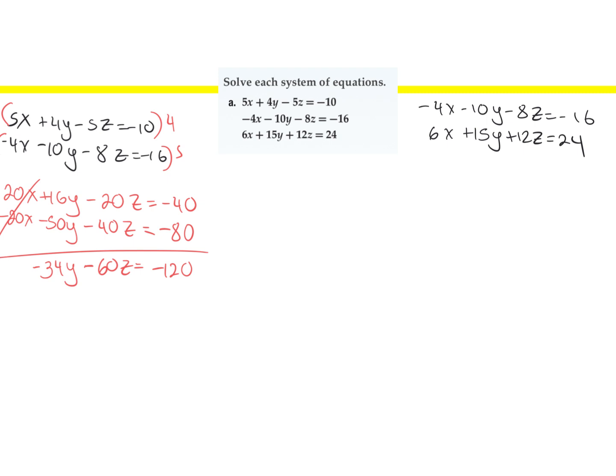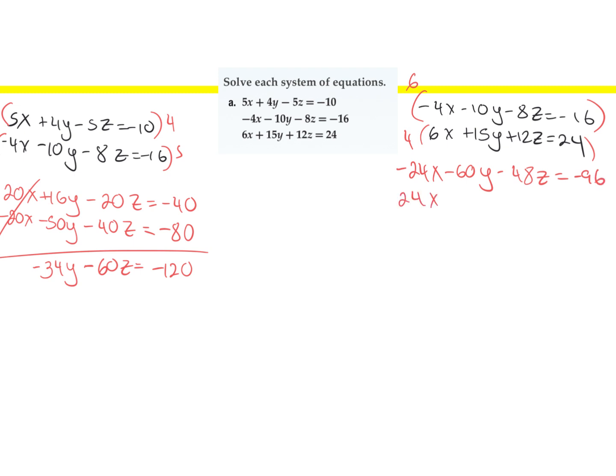Again, I have to get rid of the same variable, so I'm going to go ahead and multiply this one by 6 and this bottom one by 4. So it's going to be negative 24x minus 60y minus 48z equals 16 times 6, 96, but it's negative.